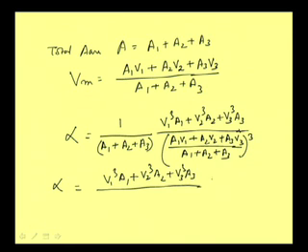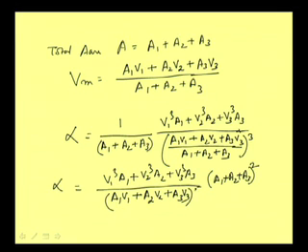If we cancel one, we will get A1 plus A2 plus A3 whole square, and here we will have A1 V1 plus A2 V2 plus A3 V3 whole cube. So our expression becomes simple, and now we can compute the value.